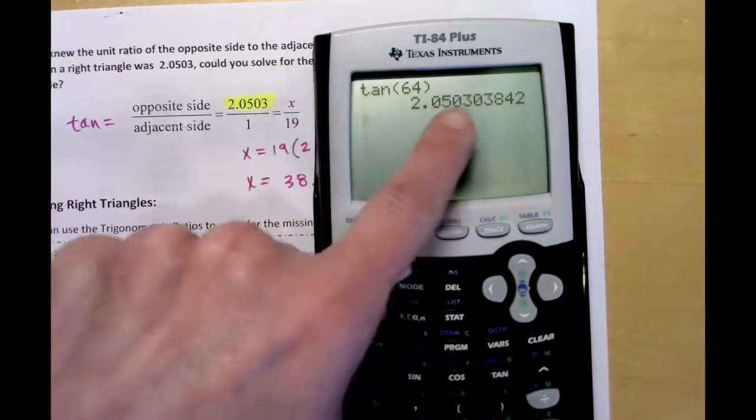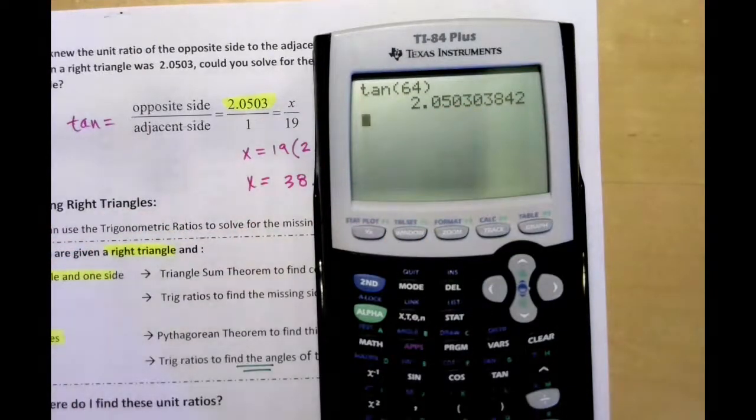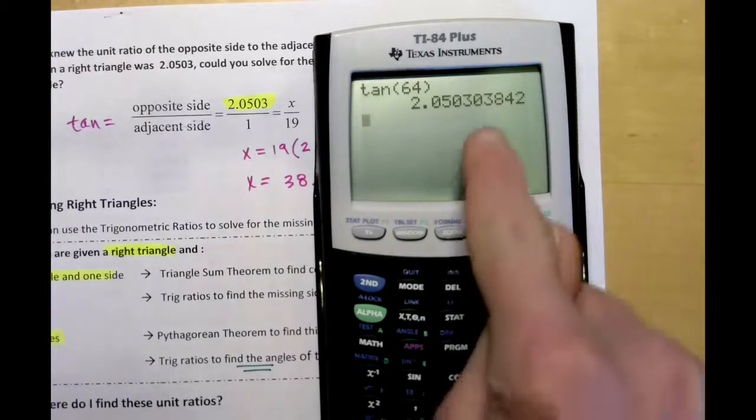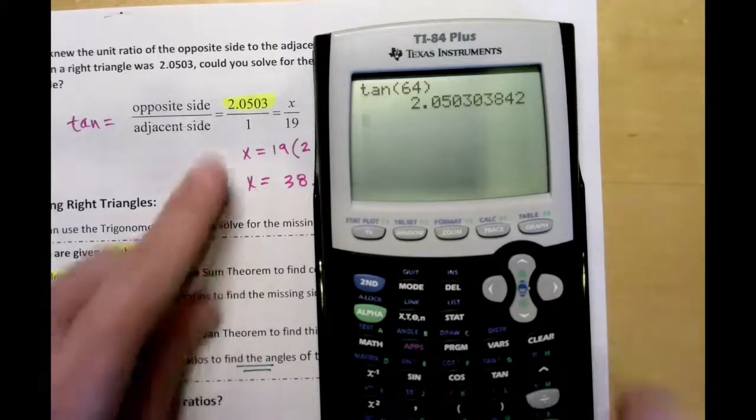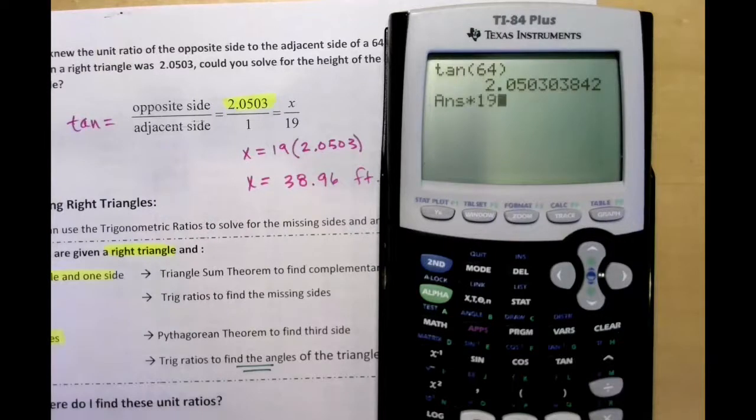Truth be told, it's a little bit more accurate decimal value because instead of rounding to the nearest thousandth, 10,000th, I have all these extra values. So when I go to solve this, if this value is already in my calculator, I can just say, what is that, times 19, and there I go.